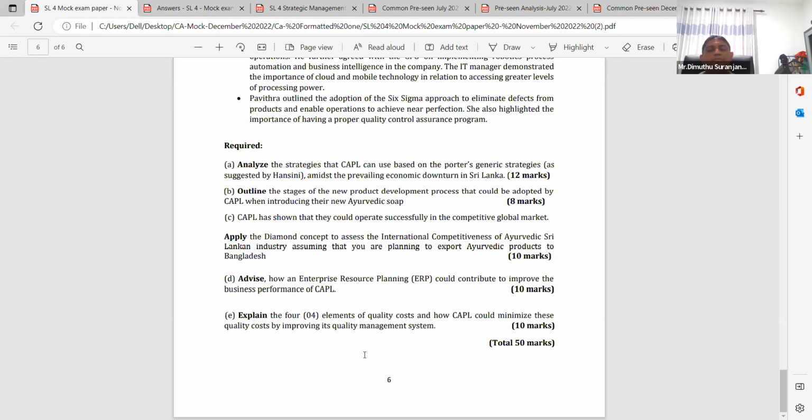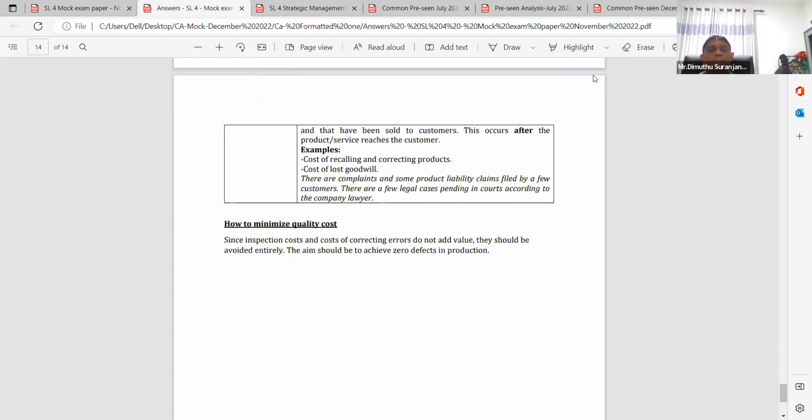Minimize these quality costs. These are Ayurvedic products, no? So you can't take any chances, no? Therefore, it's better for you to have 0 defects in the production process. In addition to that, you can mention the Six Sigma also, because in the given scenario, X7 is talking about Six Sigma also, no?